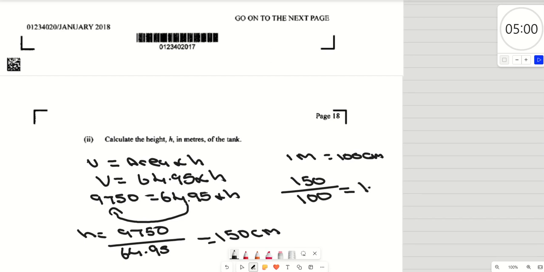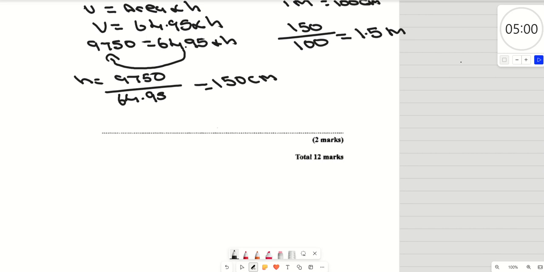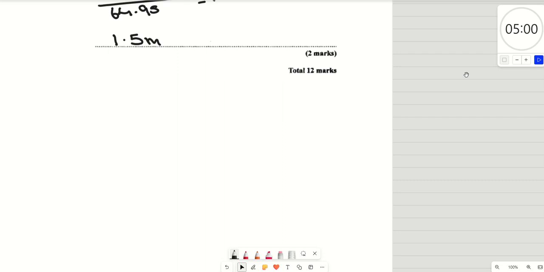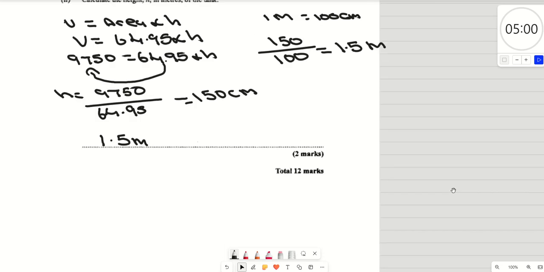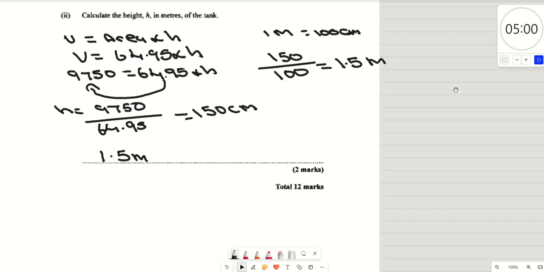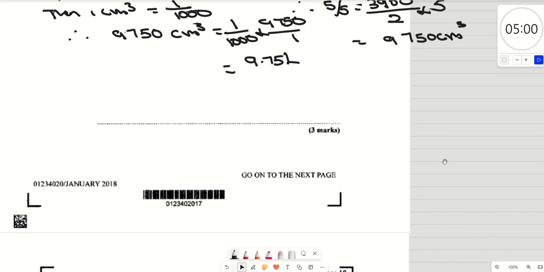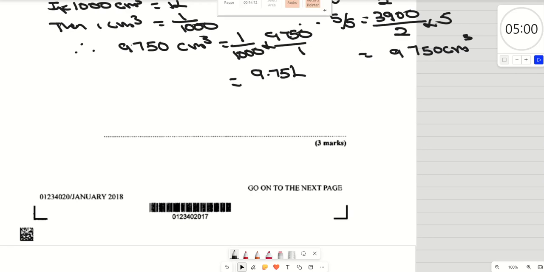You'll get 1.5 meters. Right? So how high is the tank? 1.5 meters. And that is how you do this question, 1.5. Right? And that is how you would do the measurement question in January 2018, which is number 5.